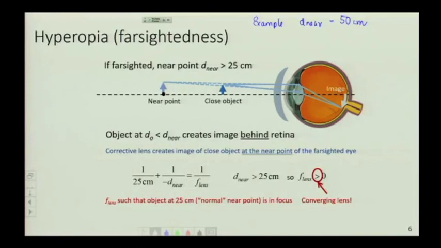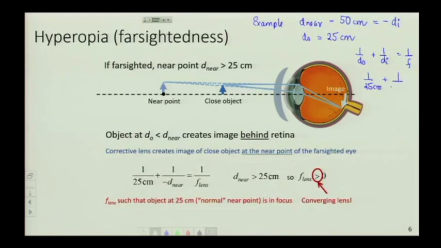You want the object to be in focus when it's at 25 centimeters. So this D near should be the negative image distance. Now when I use my thin lens equation, I have 1 over object distance plus 1 over image distance is equal to 1 over f. 1 over object distance is 1 over 25 centimeters, plus 1 over image distance.